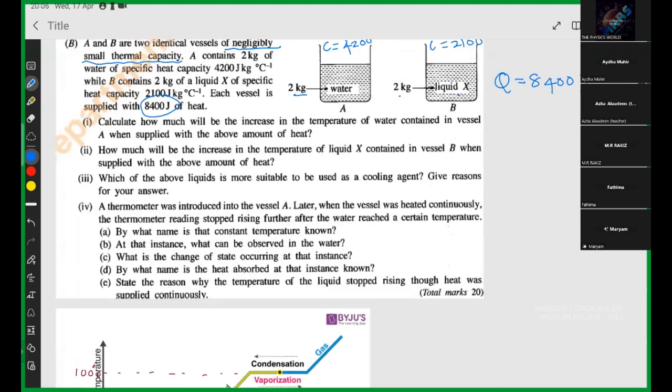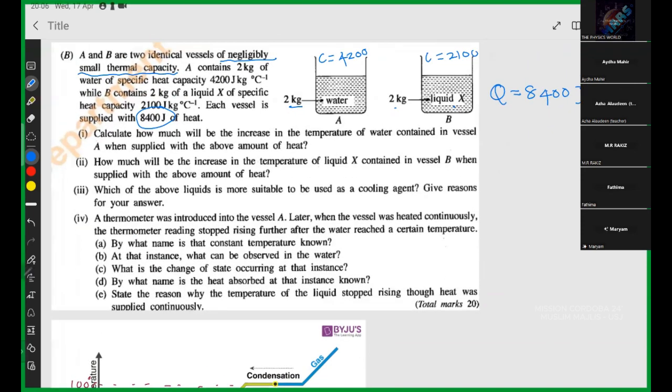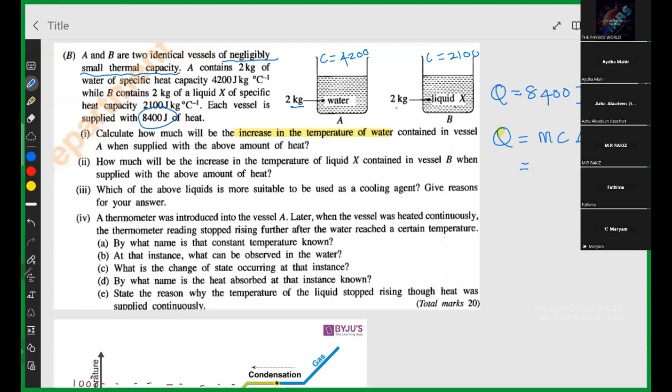Now read the first question. What are they asking you to calculate? Calculate the increase in temperature of water contained in vessel A when supplied with the above amount of heat. So you have the equation Q equals mc delta T, the same equation that we followed in the previous questions. What is the mass of water? 2 kilograms.